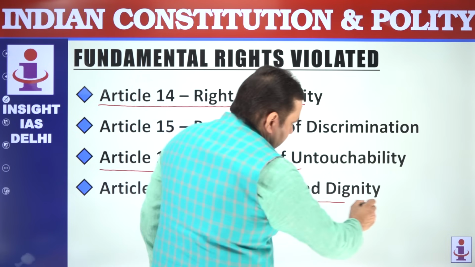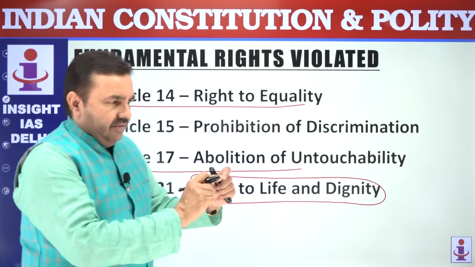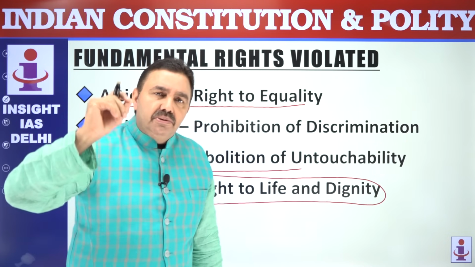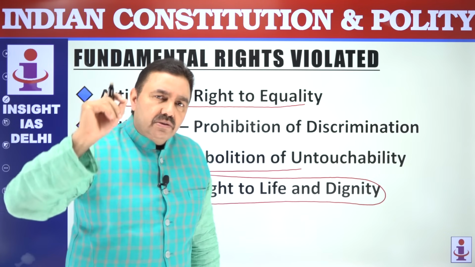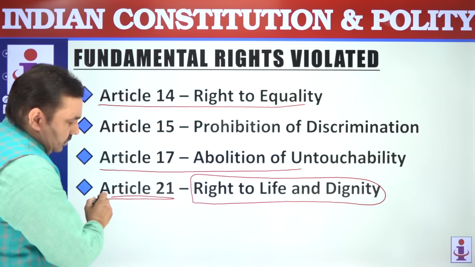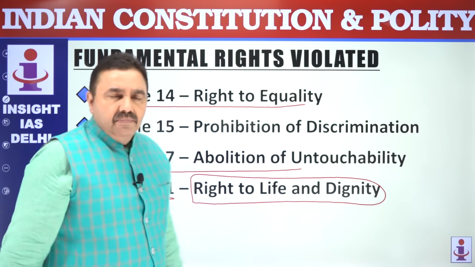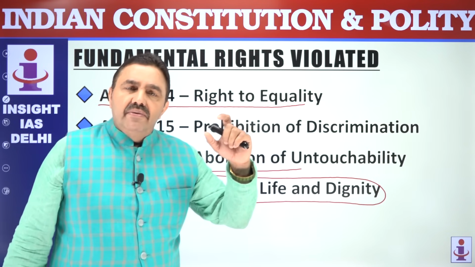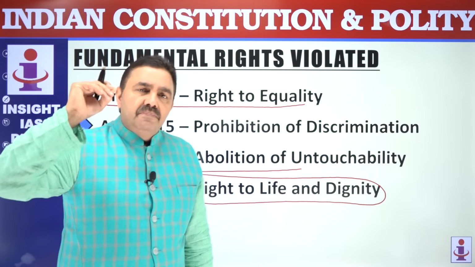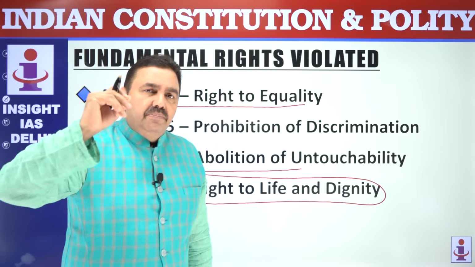So right to life and liberty, Article 21, involves the right to a dignified life, the right to a dignified means of livelihood, as per the interpretations, as per the verdicts of the Supreme Court. So that right to life and liberty, Article 21, is also violated by the profession of manual scavenging. So this is a kind of modern evil practice. This is against the basic norms of dignified life, and therefore it must be suppressed in every possible way.